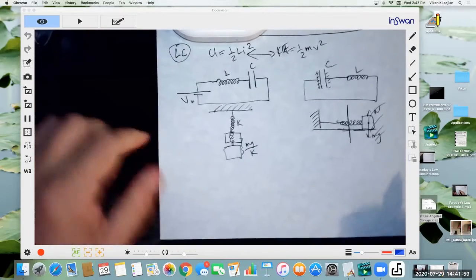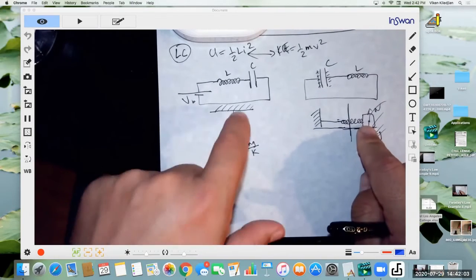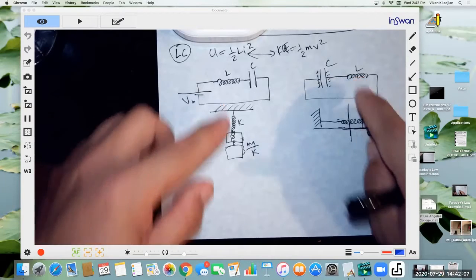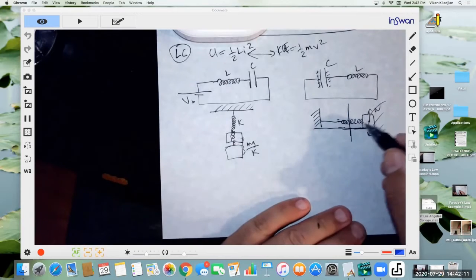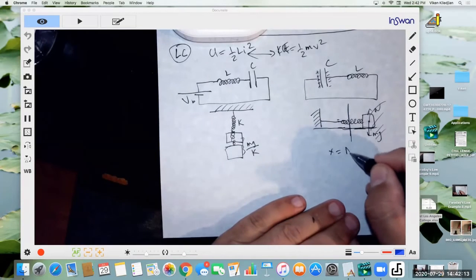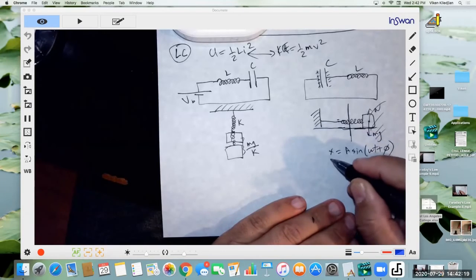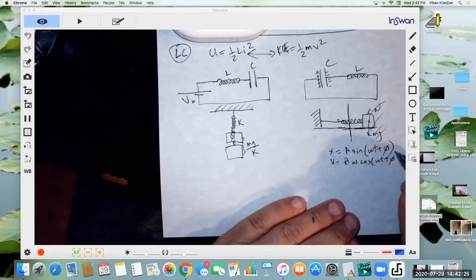So I could actually come up with the equations of motion of this guy, then I can go back and do the equations of that. So now I'm working backwards to cheat, you know. So the motion of this is going to be x equals A sine of omega t plus phi. V is equal to A omega cosine of omega t plus phi.